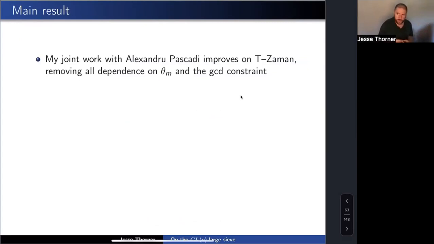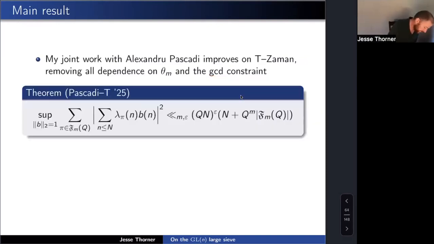So my work with Alex Pascadi gives an improvement over my work with Zaman by removing the dependence on the Ramanujan exponent, and it also removes the GCD constraint. So this is my main result with Pascadi.